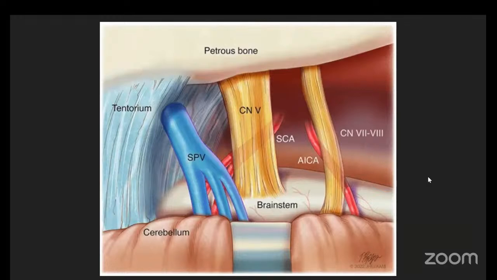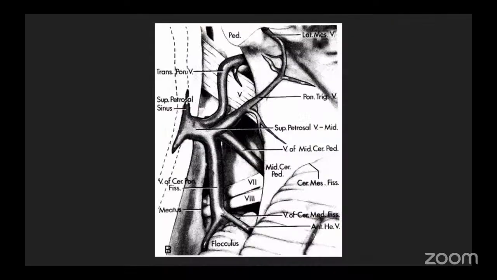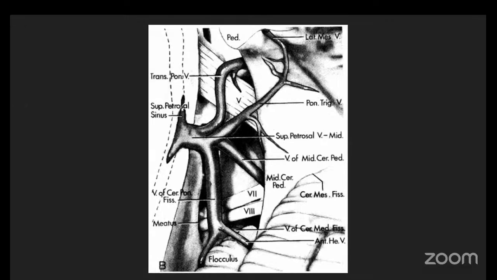And let's look at another image. Let me mark. So this is our superior petrosal vein. And then we have the cerebellopontine fissure. Let's see, where are our other veins?